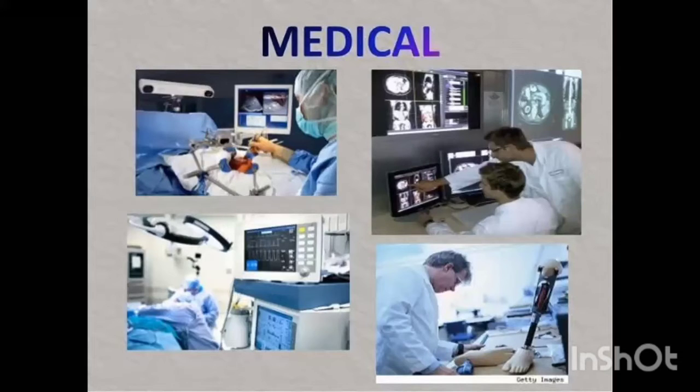So which are the places where the computer is used? First one is medical, in the hospital. In the hospital, when they do scanning or an operation, they will be using a computer for checking the scanning or operation.